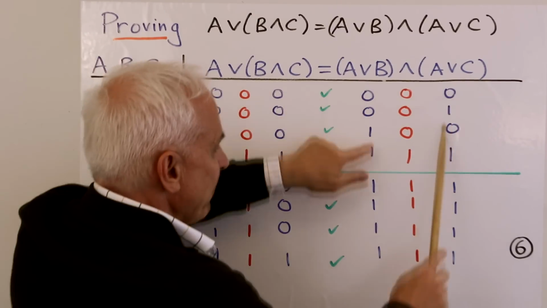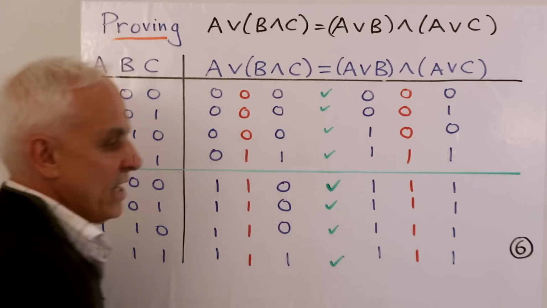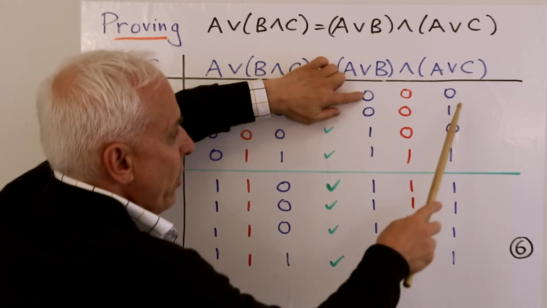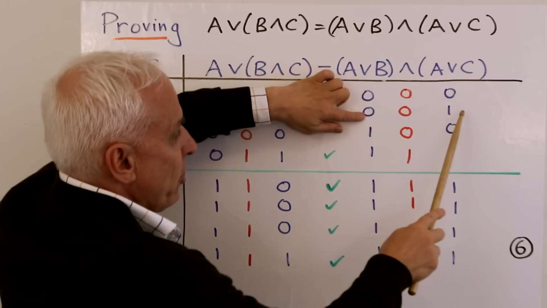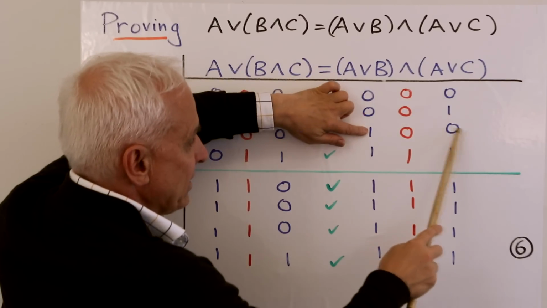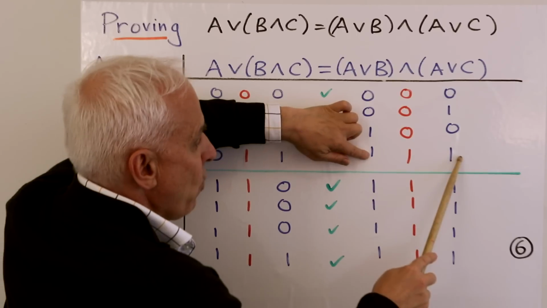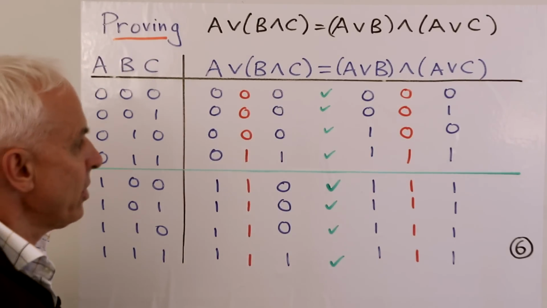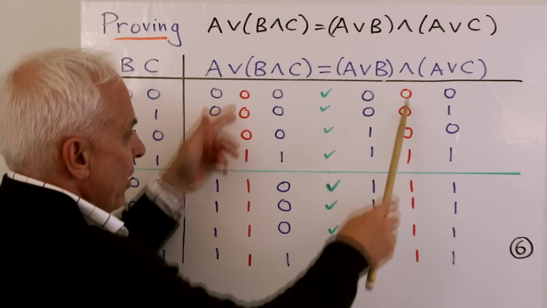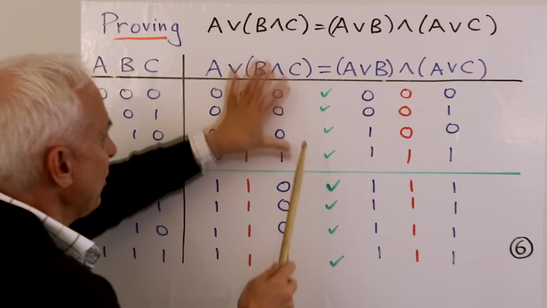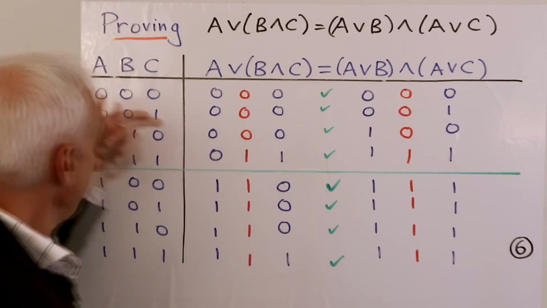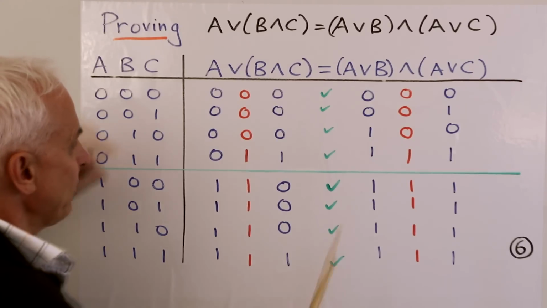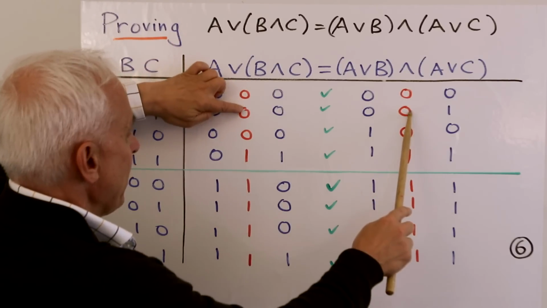Okay, so having now these values, this is telling us that we have to take the AND operation between those. 0 and 0 is 0. 0 and 1 is 0. 1 and 0 is 0. And 1 and 1 is 1. And now these red numbers represent the cumulative values of the left and the right hand side for these 4 possible input situations, and we see that in each of the cases they are equal.